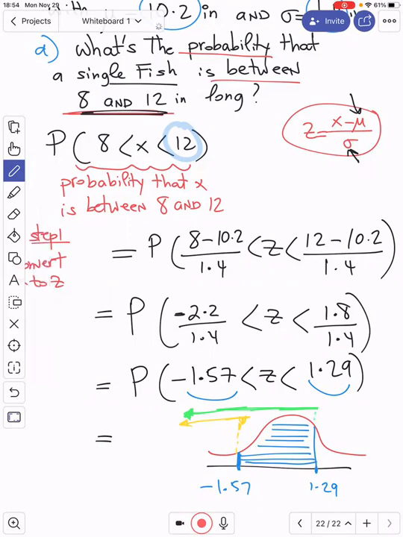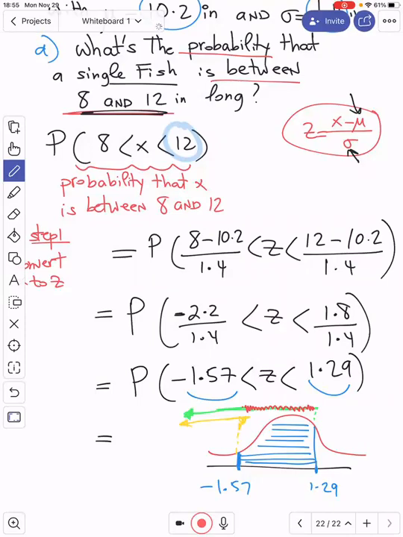Right. So as you can see, the difference is exactly between the areas to the left. The difference is exactly this, right? And that's exactly what we want, right? It's the area between the two numbers. The difference would be the area between the two numbers.